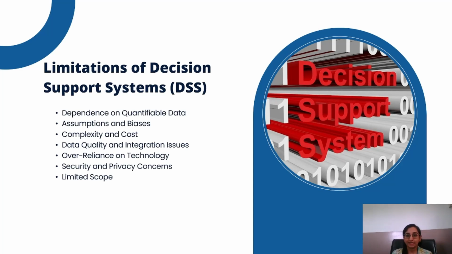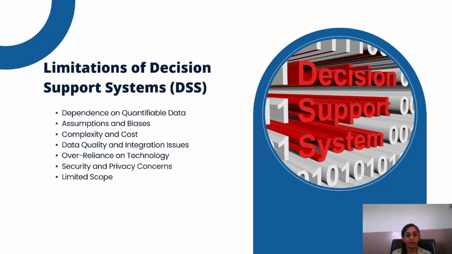Although DSS aims to reduce human bias, the system itself can introduce biases based on the data it uses and the algorithm it employs. For instance, if the input data is biased, the DSS output will also be biased.